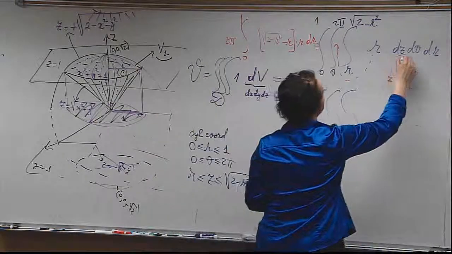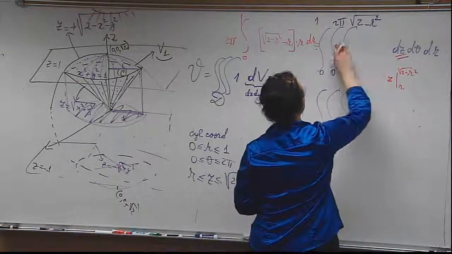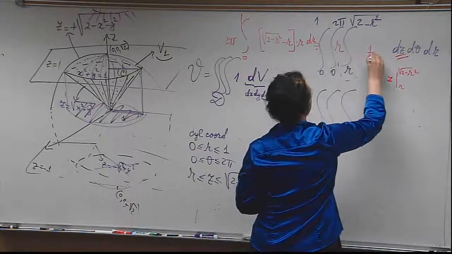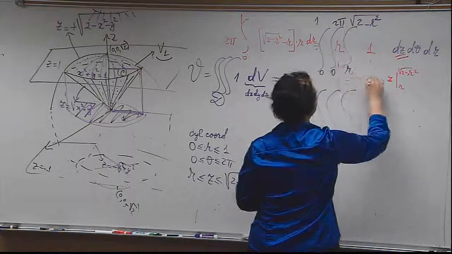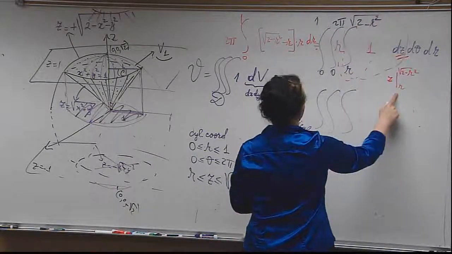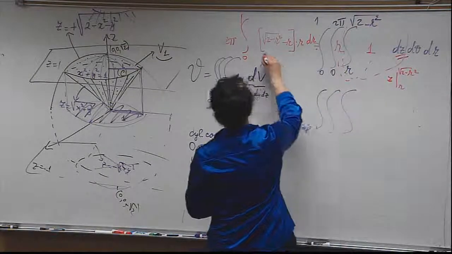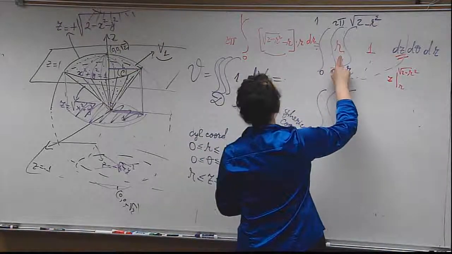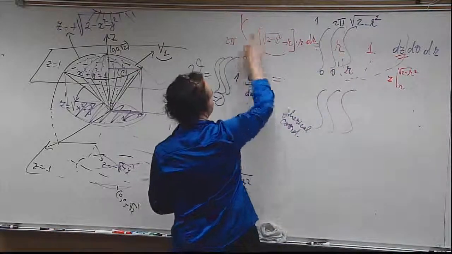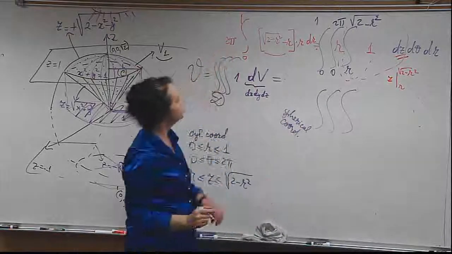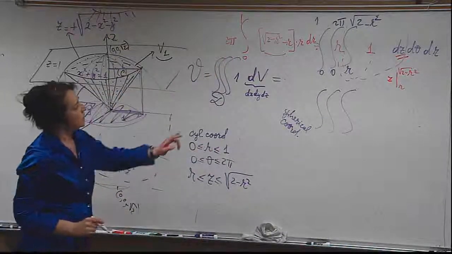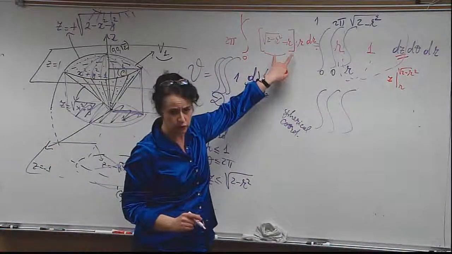So I took care of the integral with respect to z. This was done first, and it gave me the difference between those two, times the r, between 0 and 1 with respect to r, and 2 pi outside. Now, if I split this into two integrals, it's going to be easy.